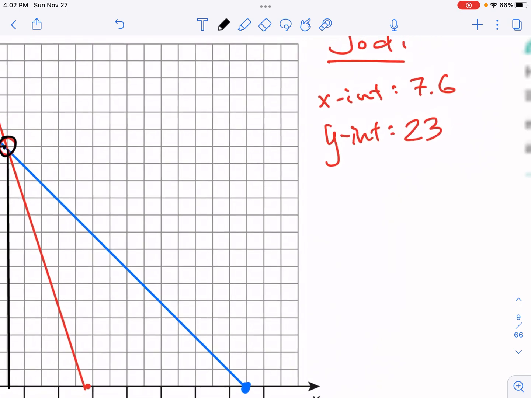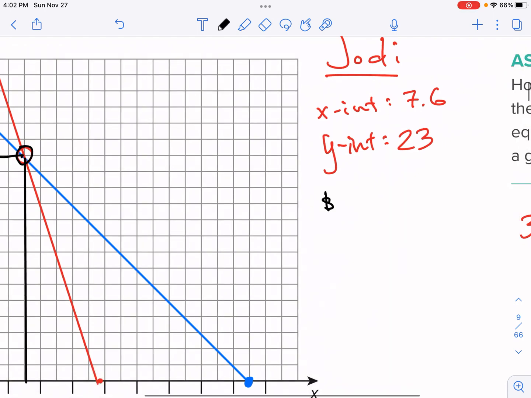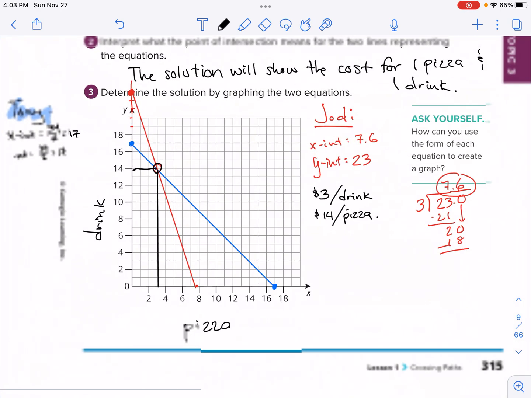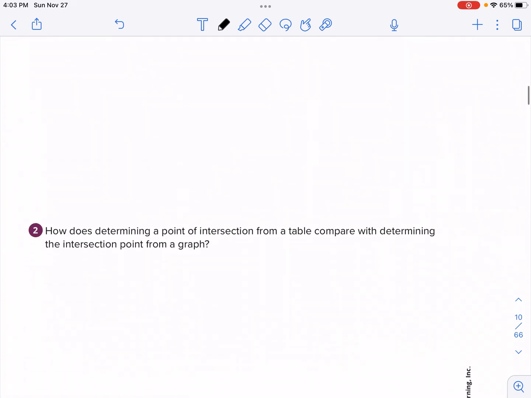So we're going to say that this is $3 per drink and $14 per pizza. All right, so this is something we can use: the information that we're given from two friends, and we can determine how much it is for each item at this pizza place. Anyways, we're going to end our activity there.